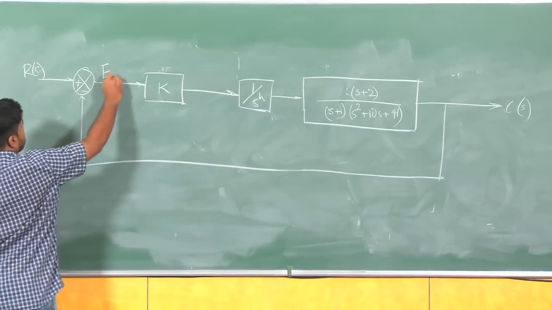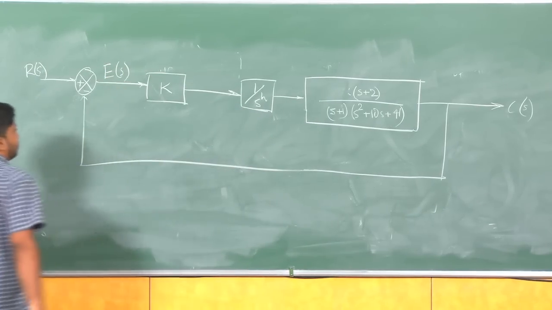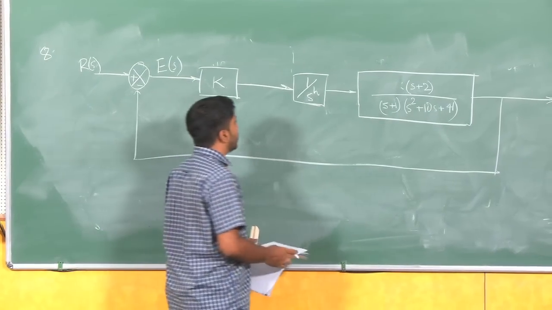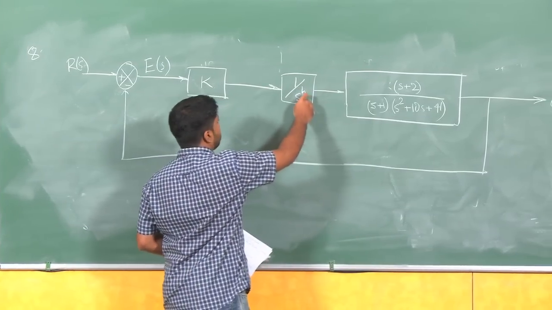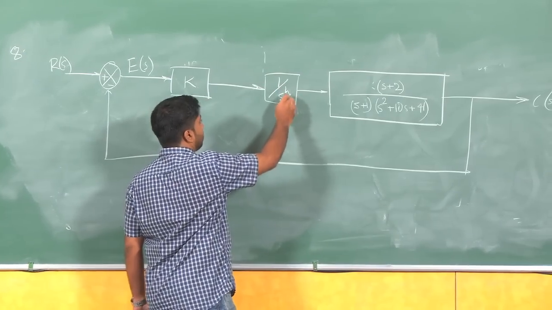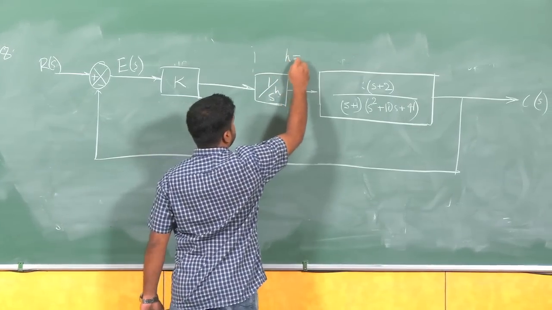This is the error E(s). In that problem for time response, what we found is that the steady state error is going to be 0, but not for ramp input. So, H will be 1.